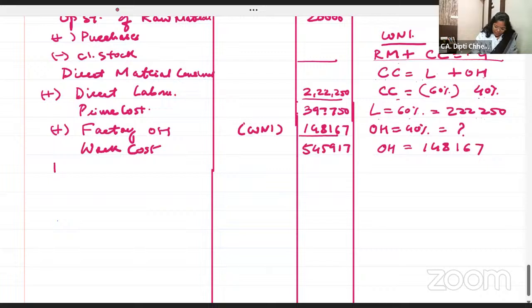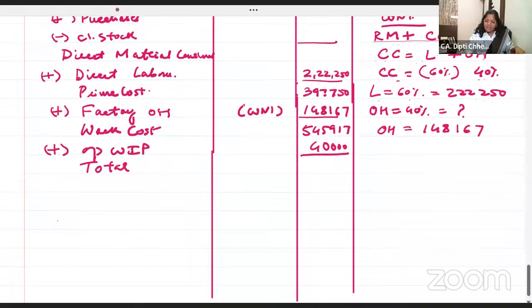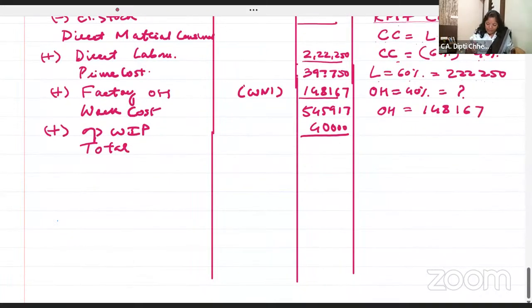This is the works cost. Add opening work in progress. It's already given. कहाँ था? Opening work in progress दिया था ना? 40,000. Now I'm doing total so that I get closing work in progress. You can just write total. Ma'am, we didn't do last time because we are doing it to get the balancing figure correctly. Okay? Right.